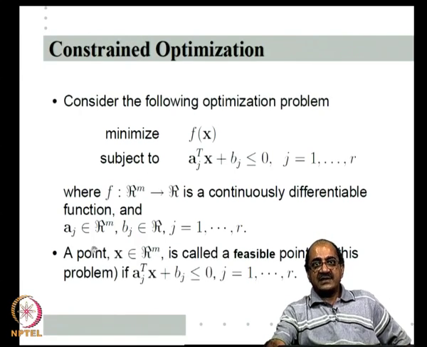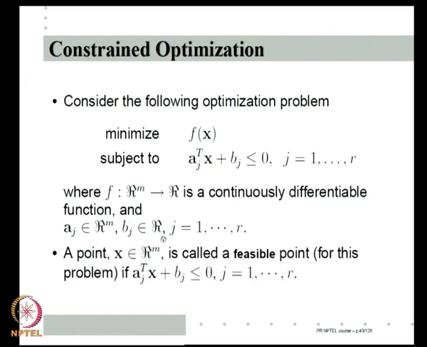A point x in Rm which satisfies all the constraints is called a feasible point, right. So, given this constraint optimization problem, any x that satisfies Aj transpose x plus Bj less than or equal to 0, j equal to 1 to R, all the constraints have to be satisfied, then it is called a feasible point. So, essentially we are going to minimize f over those x that are feasible.